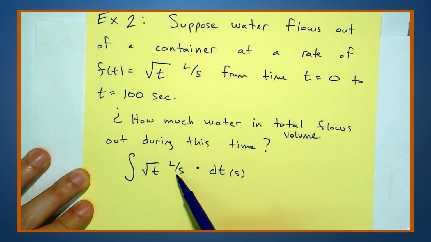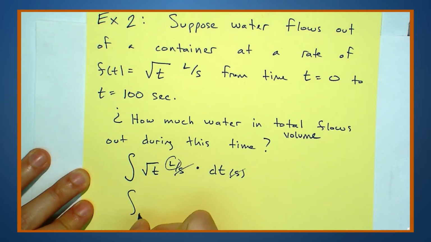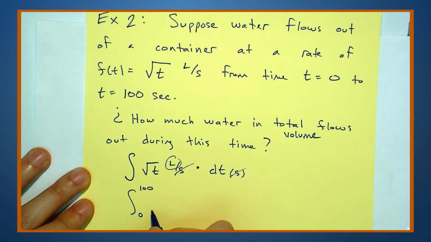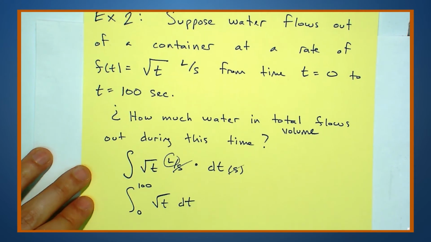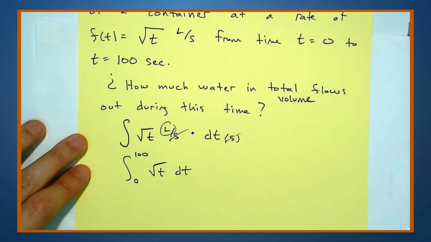Notice that the units will cancel out here, giving us the volume that we want. Okay, that's kind of messy. Let's write the integral we really want. I want to integrate over the total time from 0 to 100 of the flow rate square root of t dt. So this integral exactly gives us the total volume.